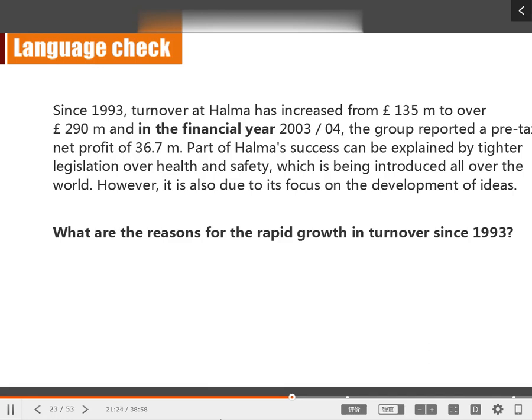Great. So here it says, part of Halma's success can be explained by tighter legislation over health and safety, which is being introduced all over the world.